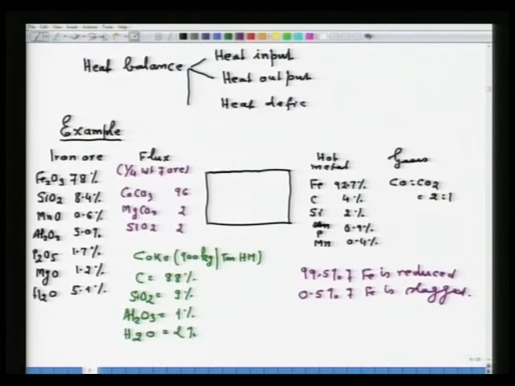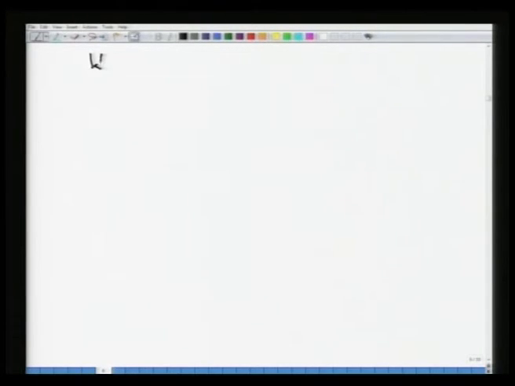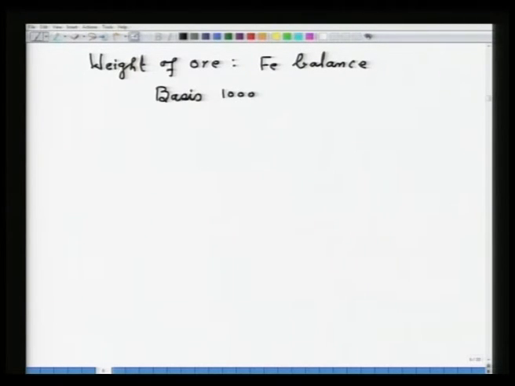Now, first we have to calculate weight of ore. For that we will be making iron balance. That is the first thing that we have to do. Now, first we select the basis. So, basis is 1000 kg hot metal.